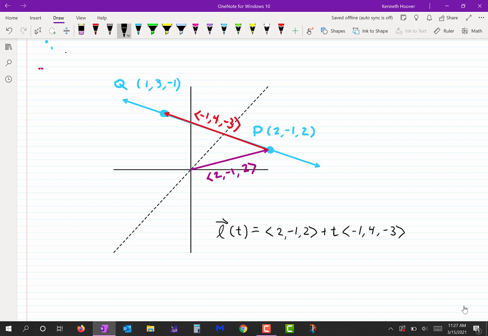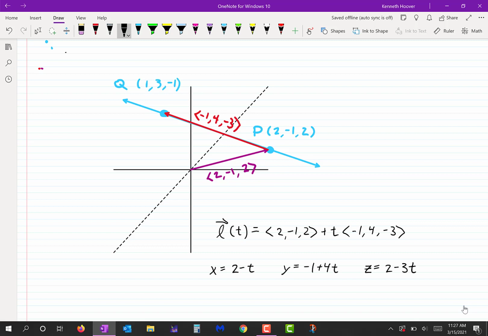What would be the parametric equations? The parametric equations would be x equals 2 minus t, y equals -1 plus 4t, z equals 2 minus 3t. That would be the parametric equations for the line.